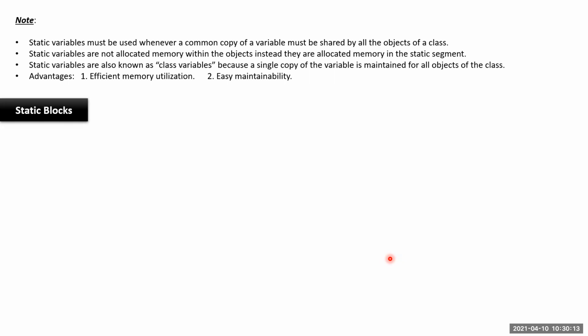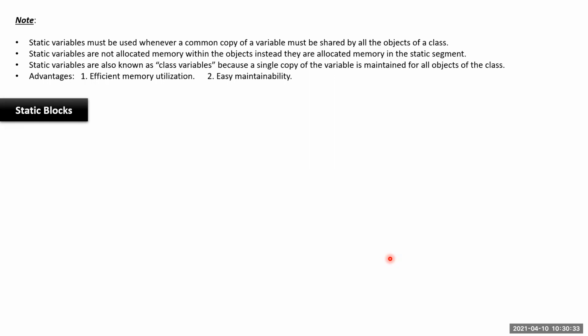In the second position, after static variables. Also before the main method, because after the static block, the next is the main method. So we can say either after static variables or before the main method. Don't you think it's useful?